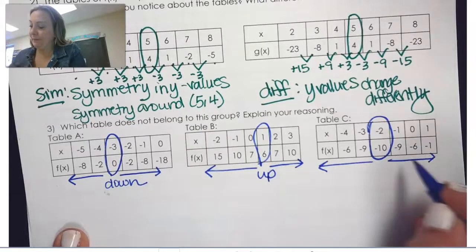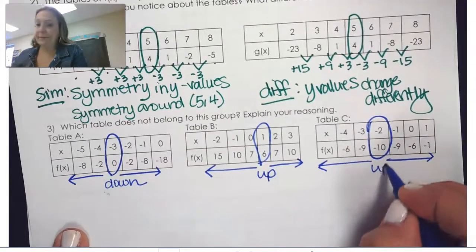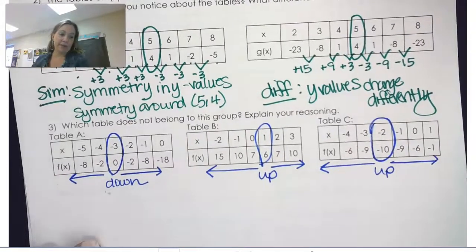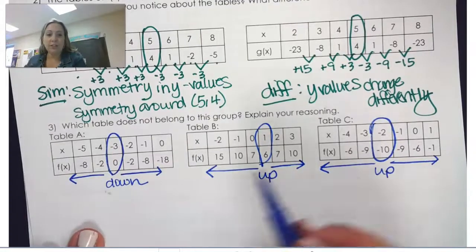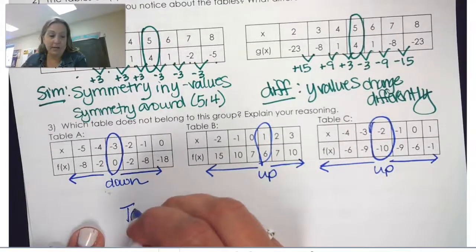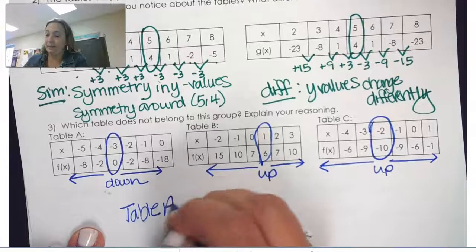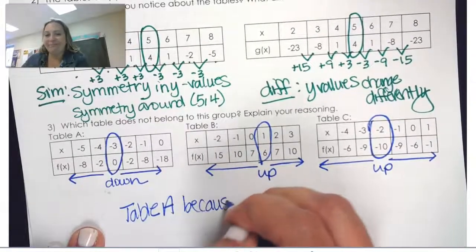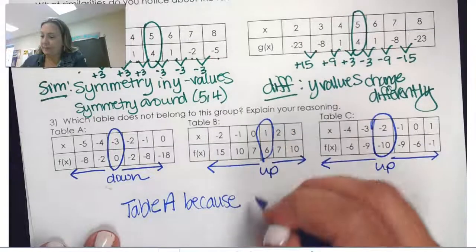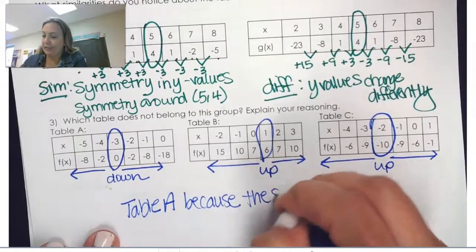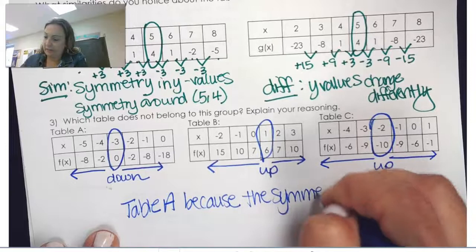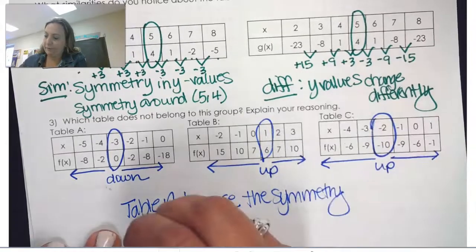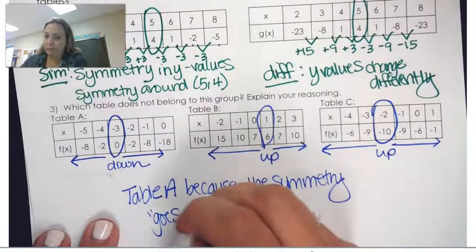And what about in table C? I see that these are also going up. So if the question is which table doesn't belong, I'd say table A, and sometimes my students will say something like, because the symmetry goes down.